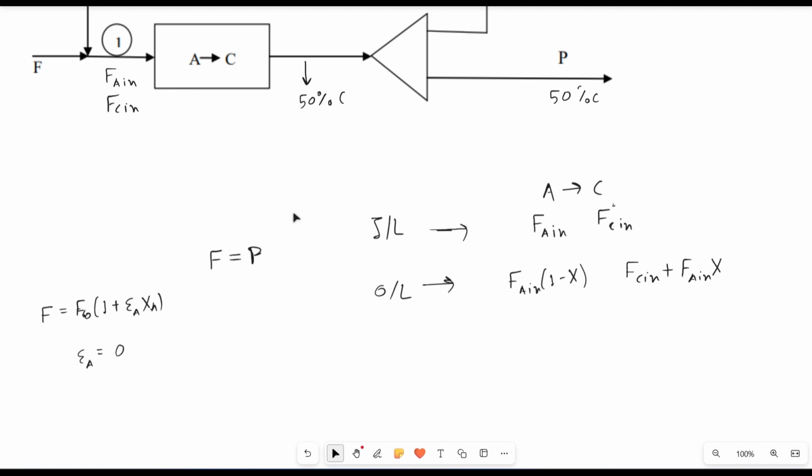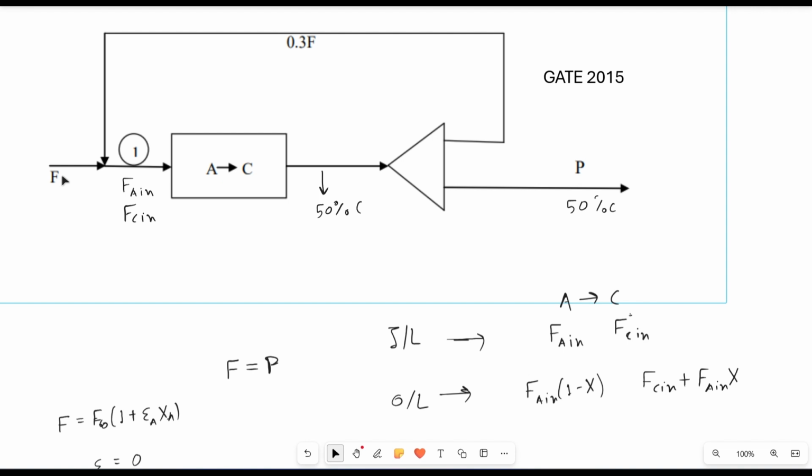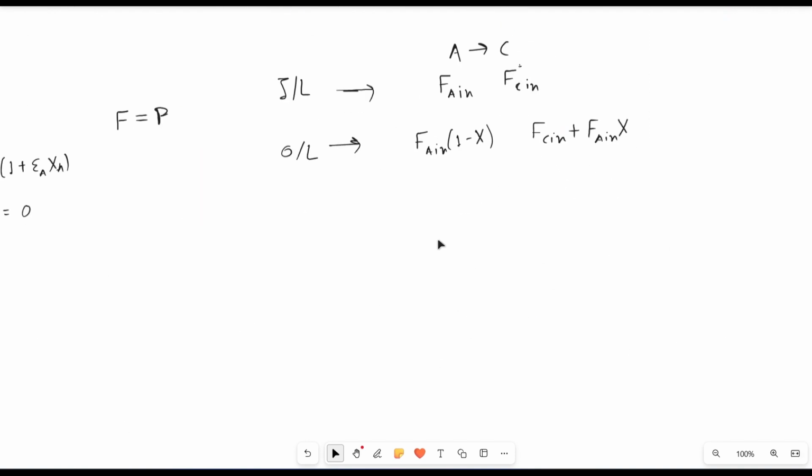The inlet moles will be F plus 0.3 F, which is 1.3 F, and the outlet will be the same. We have one data given: moles of C by total moles, (FC in plus FA in times X) over 1.3 F, is 0.5. This is given in the question.